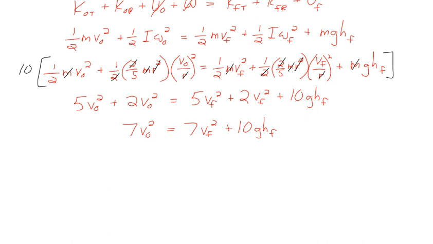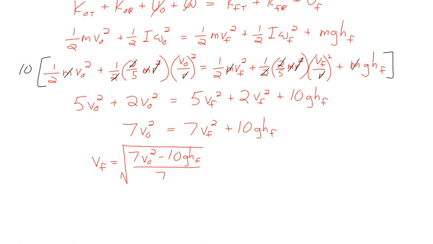What I'm going to have left is that VF squared is going to equal 7 VO squared minus 10 GHF over 7. So I'm going to have to take the square root of that, and that's going to give me the answer for the final velocity.